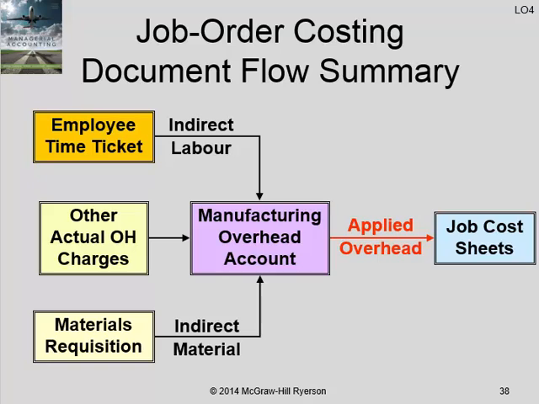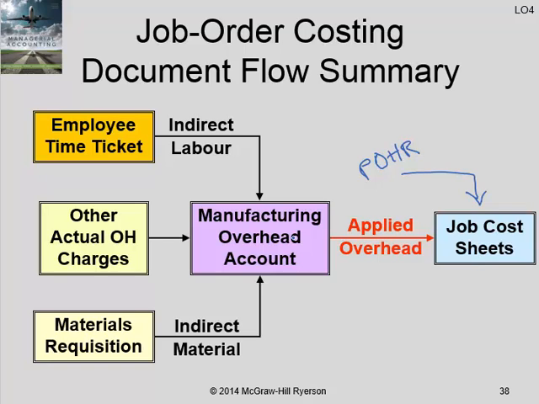And so any other overhead, electricity, rent, all that sort of stuff, will also end up in this manufacturing overhead account. And then you will use the predetermined overhead rate to apply the overhead to the various jobs.